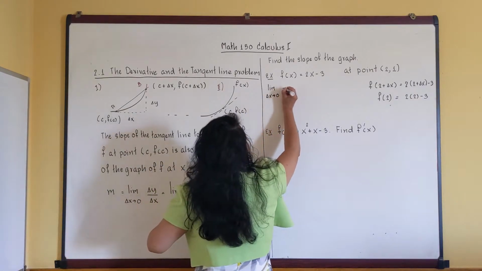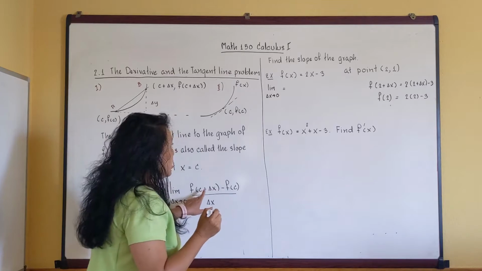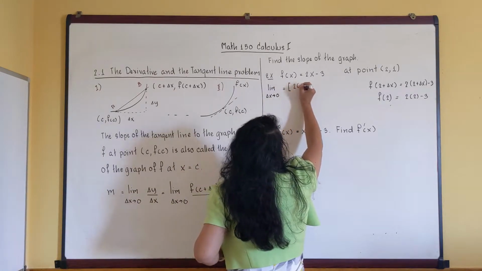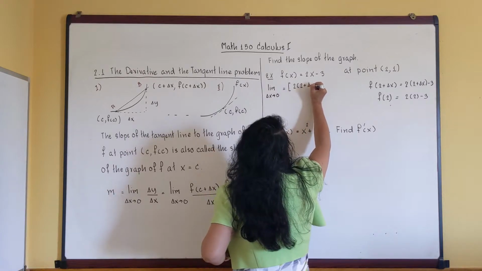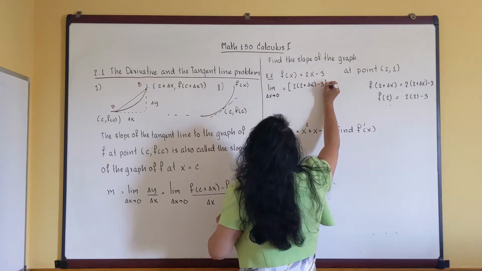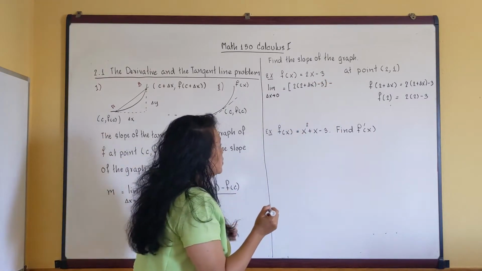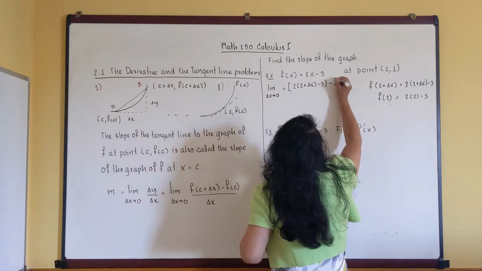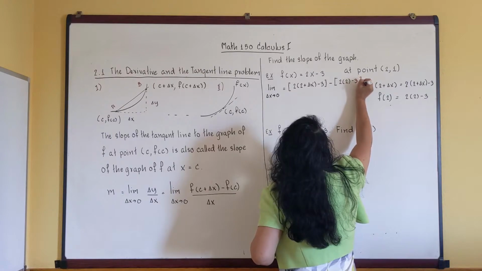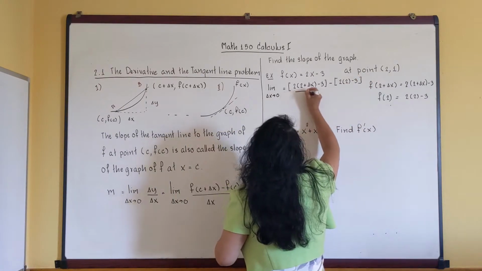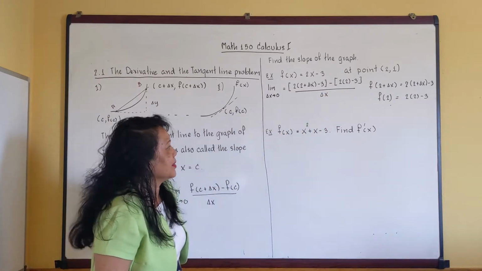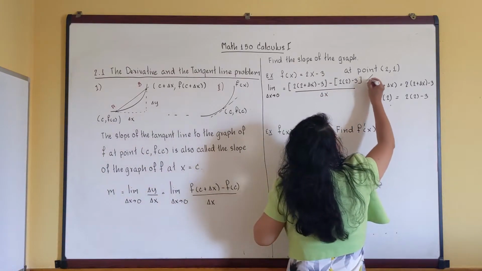You're going to have f of 2 plus delta x, which is that one I just did, 2 times 2 plus delta x minus 3, minus f of 2, which is just 2 times 2 minus 3, over delta x. Alright, this is just my scratch paper.